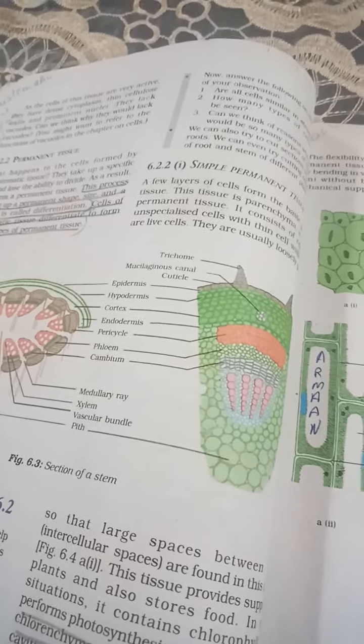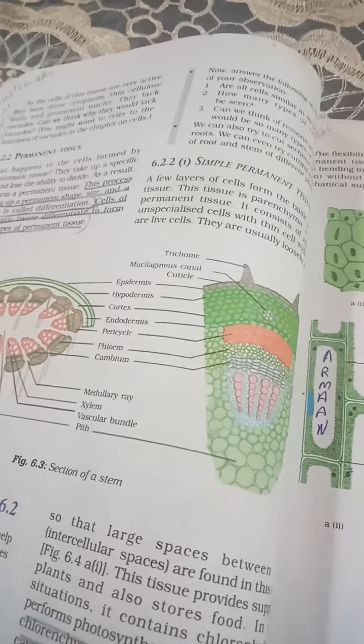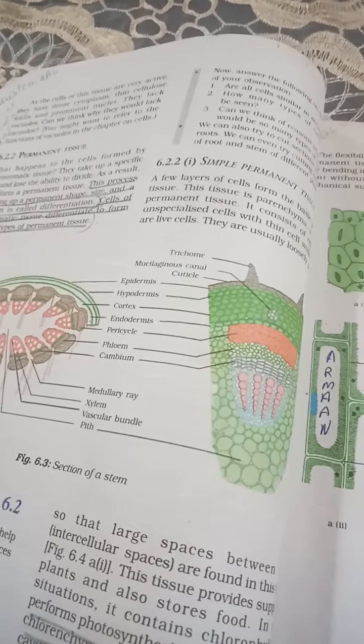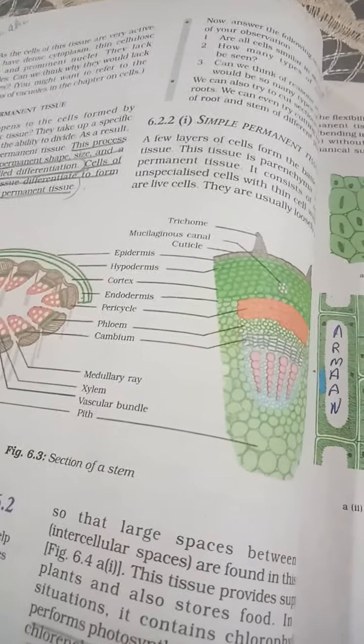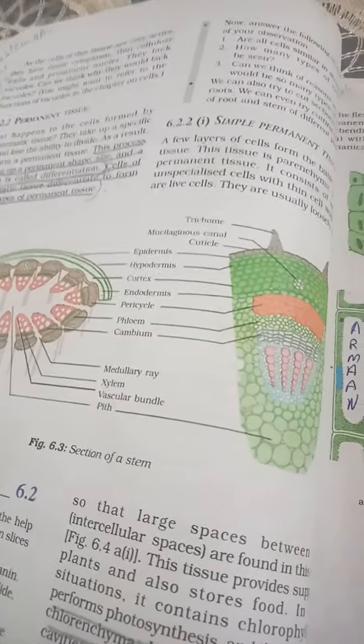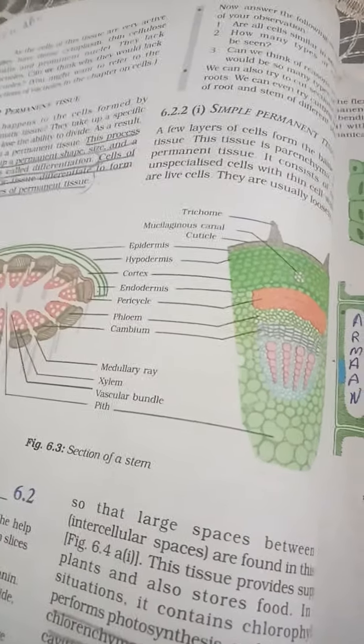First parenchyma, chlorenchyma. Now this chlorenchyma has chloroplast which helps to carry out photosynthesis and is present in leaves and young stems.